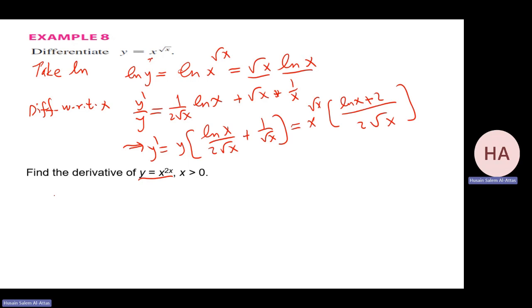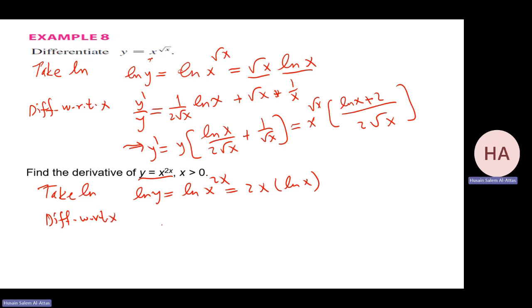This one, take ln. I have ln y equal ln of x to the power 2x, which is 2x times ln x. Differentiate with respect to x. I have y prime over y equal to ln x product plus 2x times 1 over x.